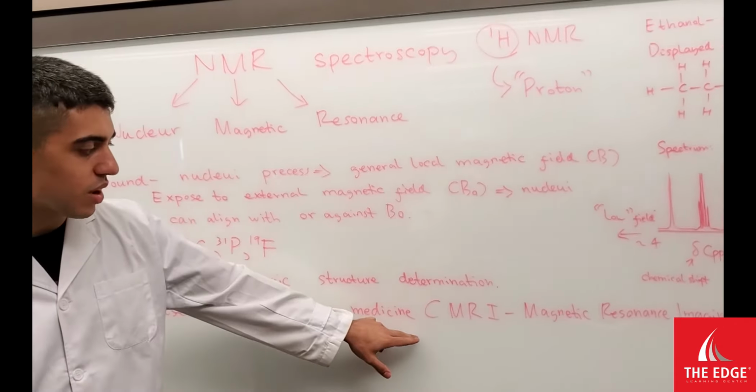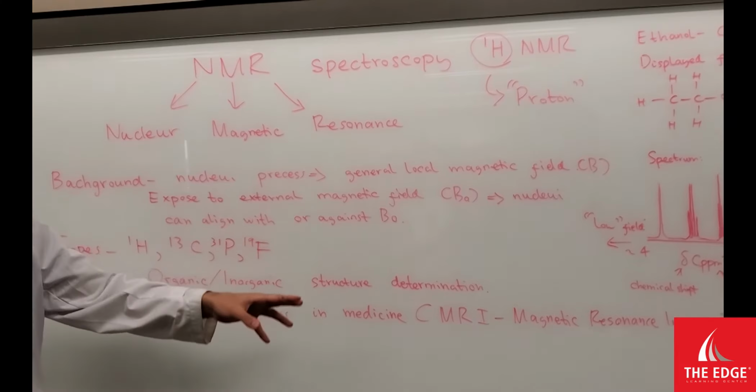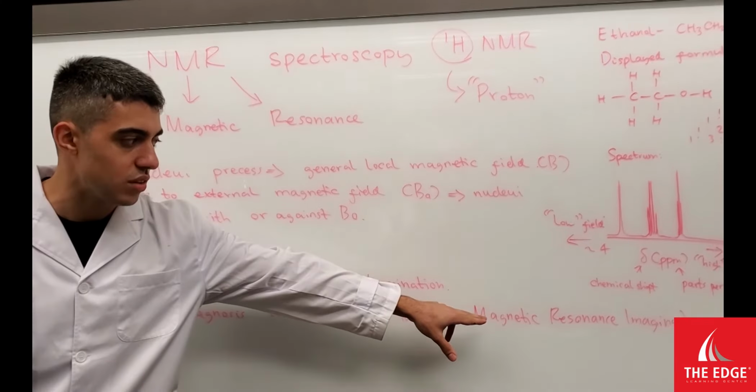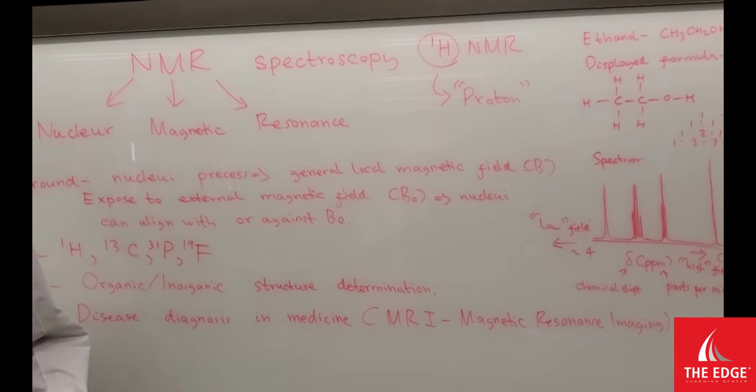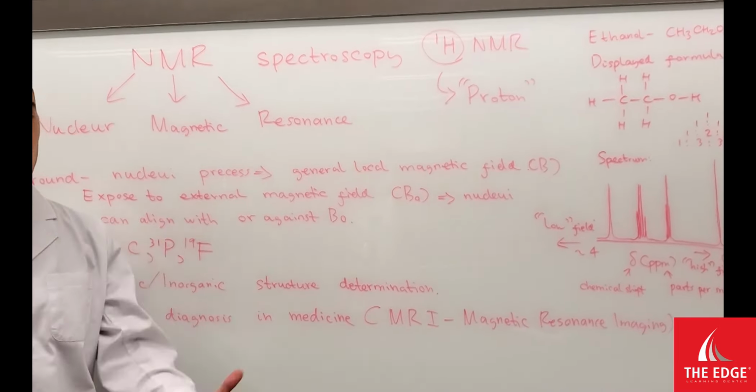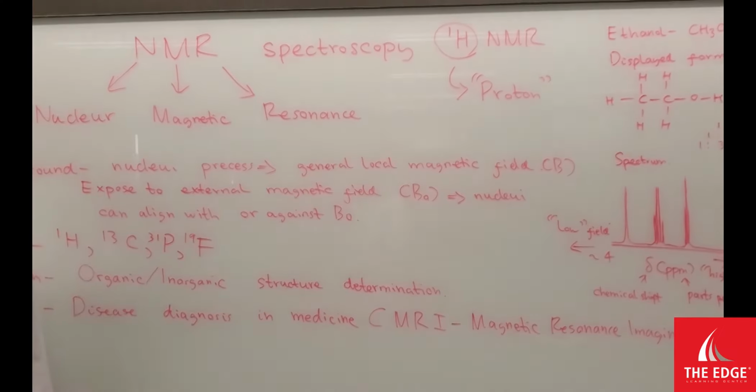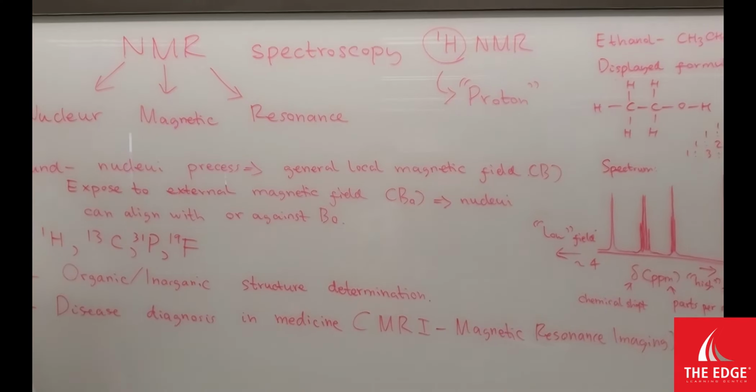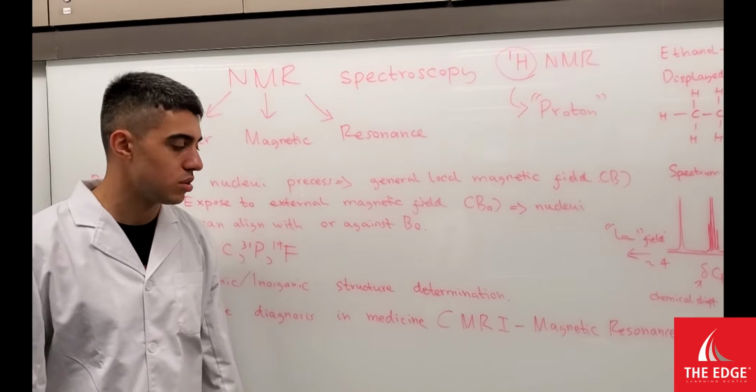We use MRI, which is a different form of NMR. MRI, which stands for magnetic resonance imaging, looks at the relaxation times of protons in water molecules of several different internal organs in the body, including the brain, the heart, and so on.